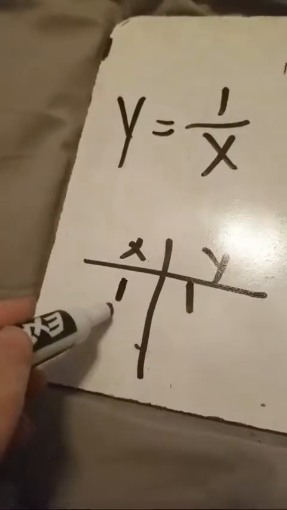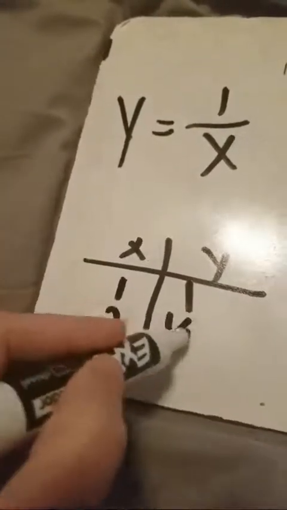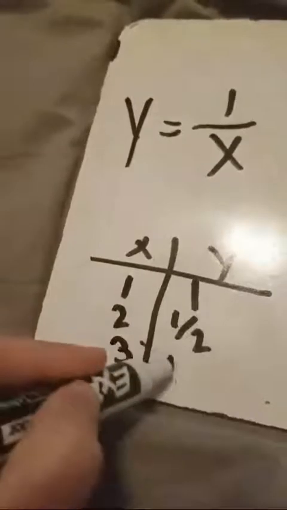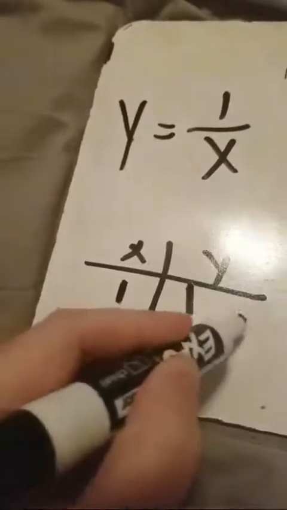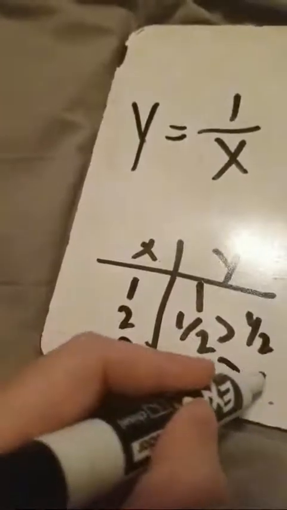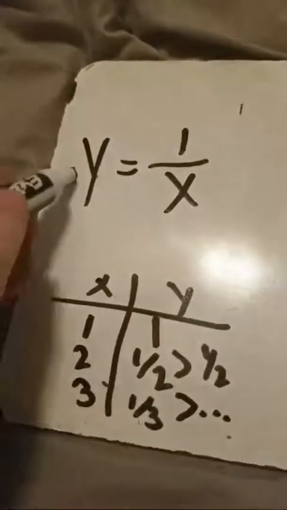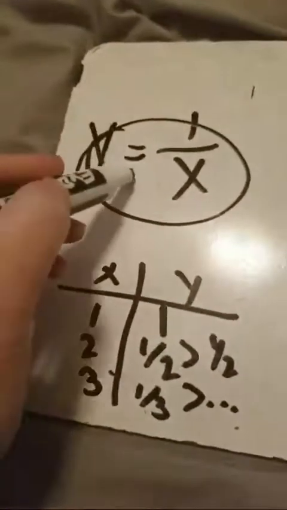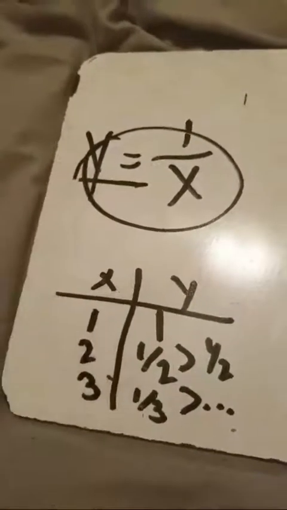Because 1 over 1 is 1. If my x is 2, then that equals 1/2. If my x is 3, that equals 1/3. Well, 1 to 1/2 is going by a half. 1 to 1/2 to 1/3 is less than a half, so that's not a constant rate of change. So this is not linear, but it's y equals, so it's a function. Does that make sense?